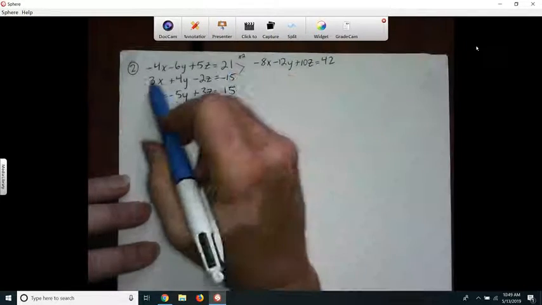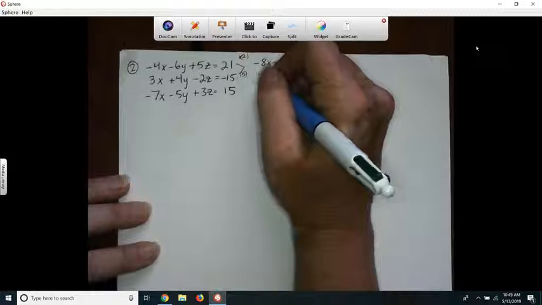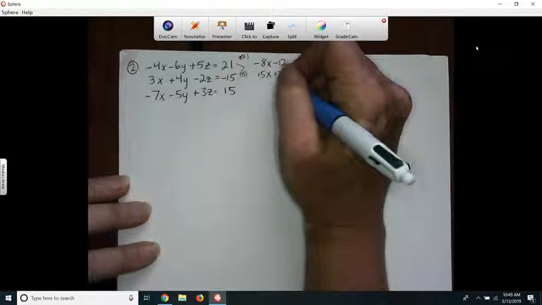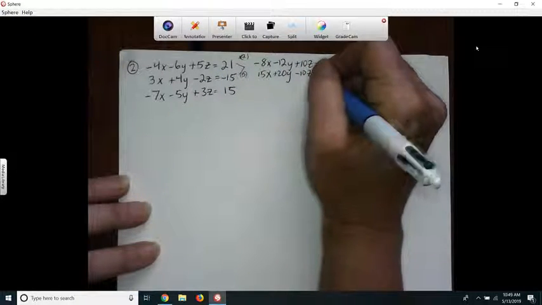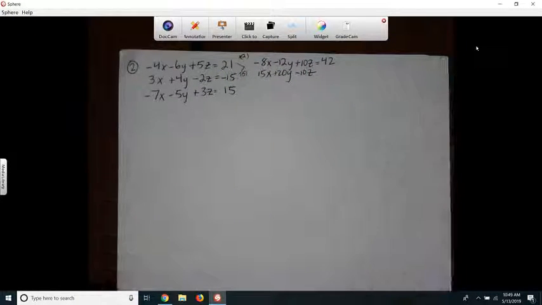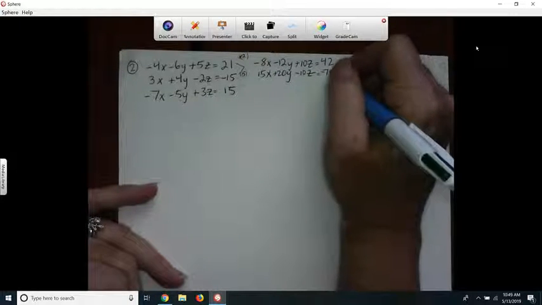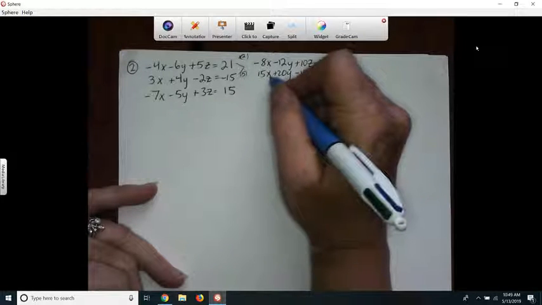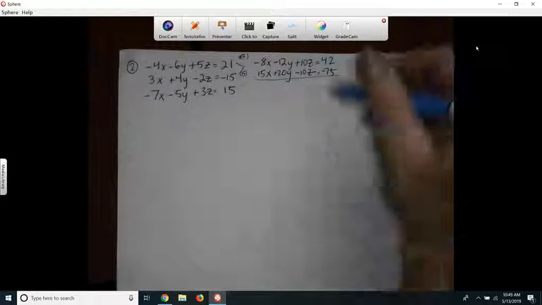And then I want to multiply this by 5. So 5 times 3 is 15. Five times 15, I think, is 75. Okay, and I have a calculator, so I'll just go ahead and add these up now.